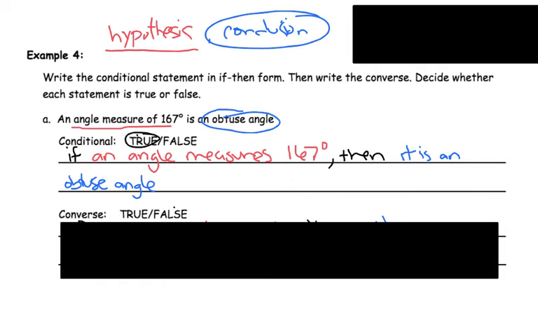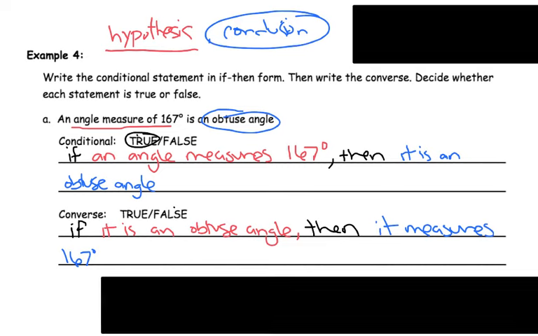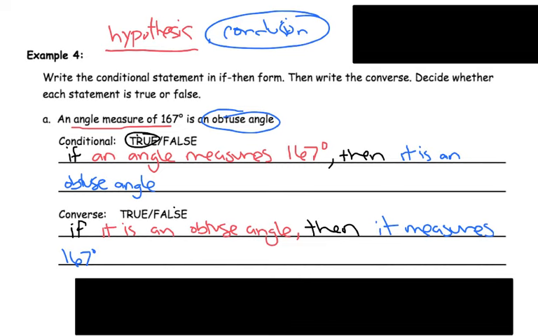Now the converse. Remember, for the converse, all we do is switch the order of the hypothesis and the conclusion. I'm sure you're getting tired of me saying that. So the converse is, if it is an obtuse angle, then it measures 167 degrees. Well, does that necessarily have to be true?